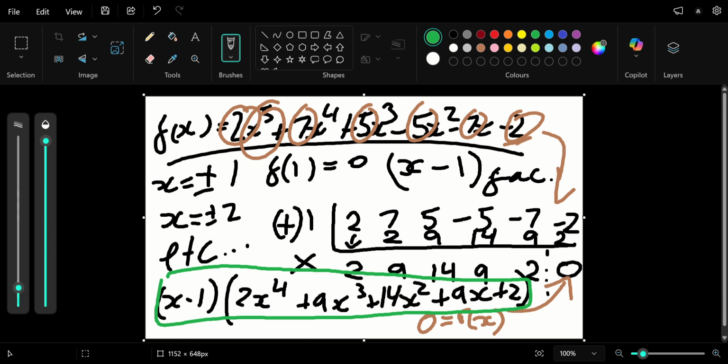So in this question we were lucky not getting a remainder, but let's try a problem where we do get a remainder and see what happens.